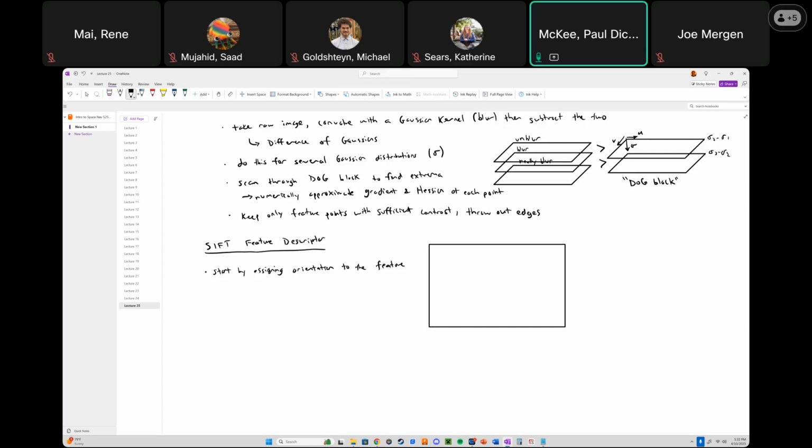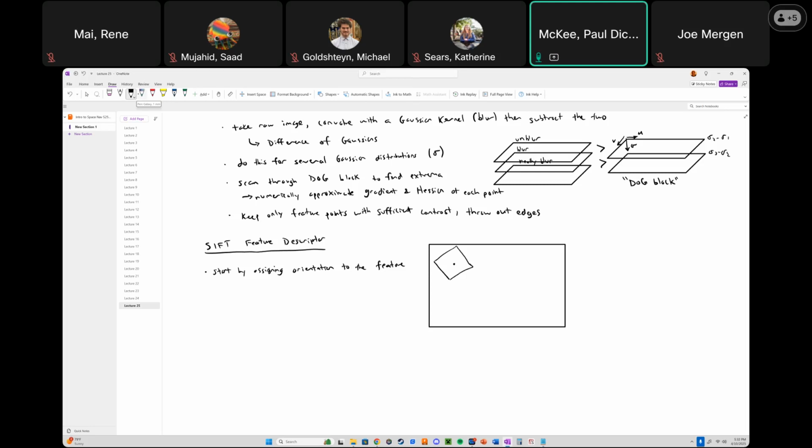Let's say that there is a point in the image right here. What we're going to do is we're going to sample in a region around the image. I'm kind of skipping ahead here, but basically, I'm presupposing that we know the orientation. There's something about this image that has some type of orientation.